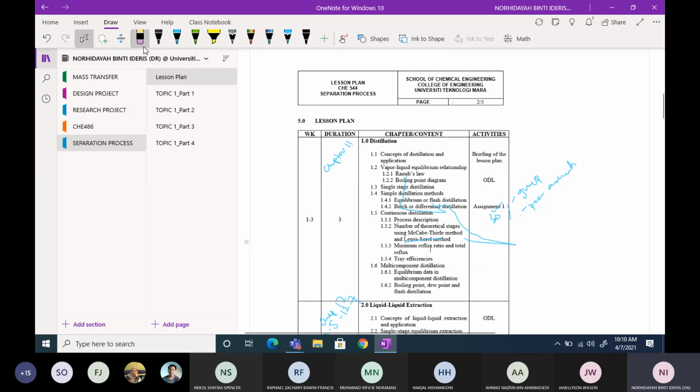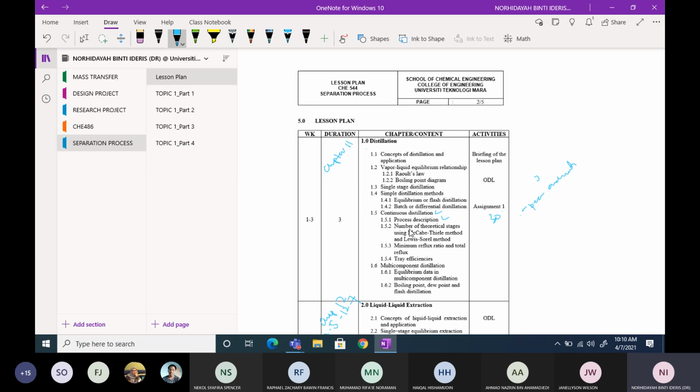It starts with process descriptions, which you need to know to understand what the sketch of the distillation column looks like: where the location of the condenser is, where the location of the reboiler is, and what we call the stages for the upper part.